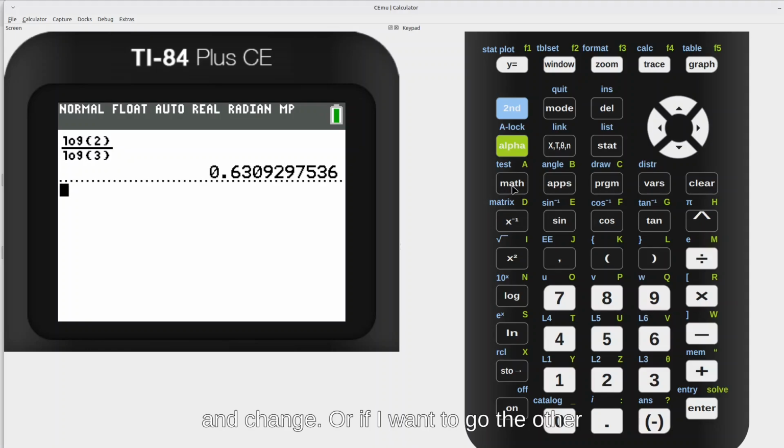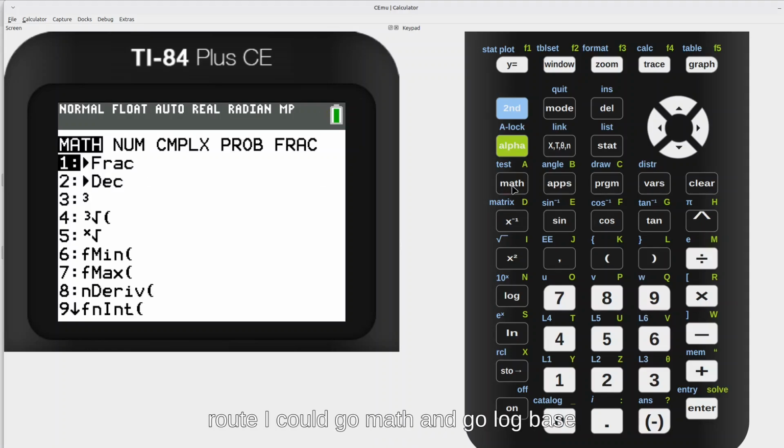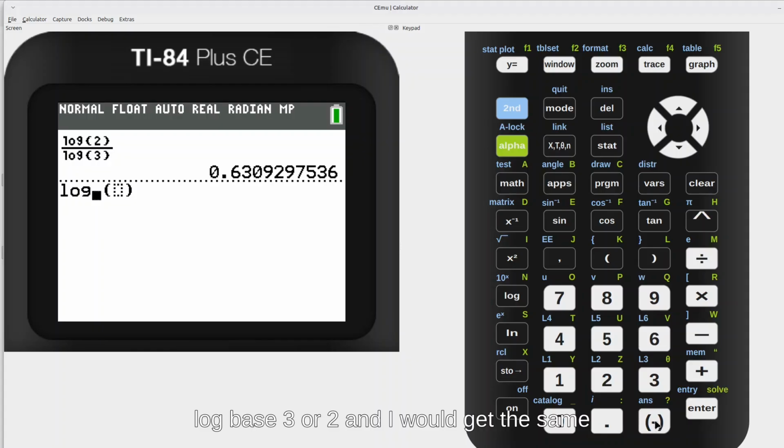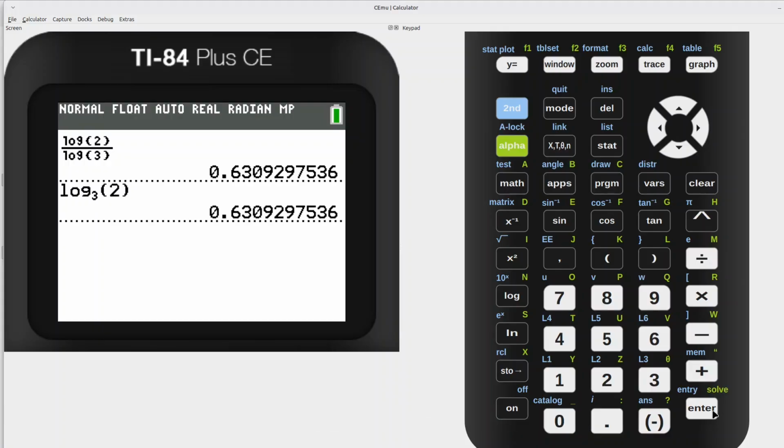Or if I want to go the other route, I could go math and go log base 3 of 2, and I would get the same answer.